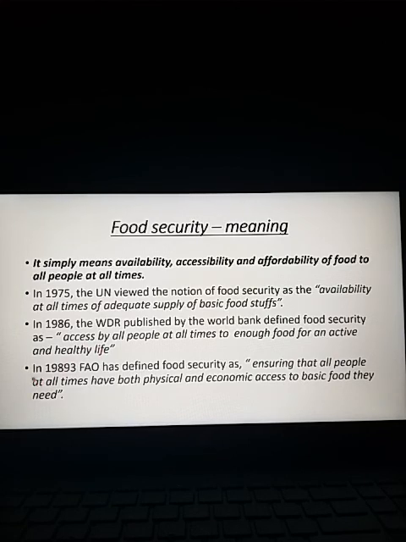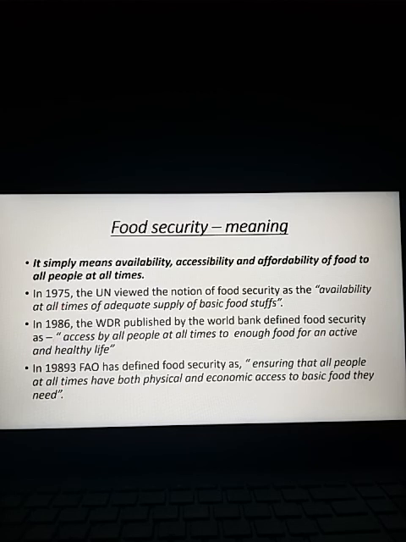In 1983, the Food and Agricultural Organization defined food security as ensuring that all people at all times have both physical and economic access to basic food they need.